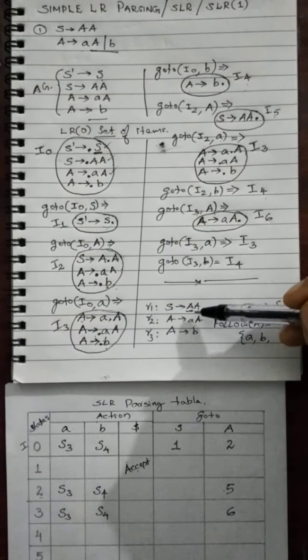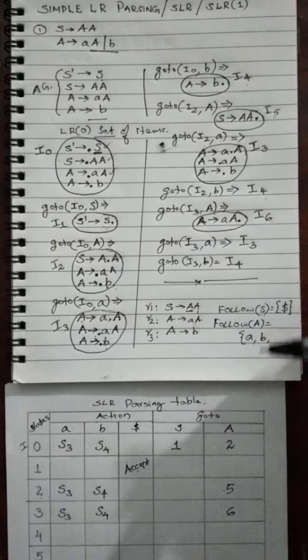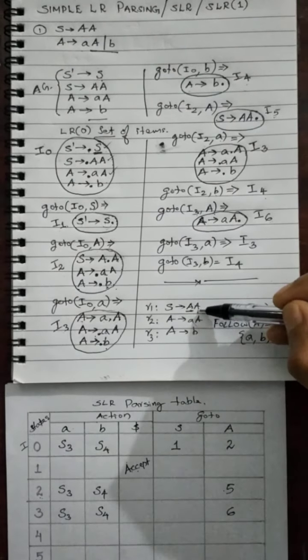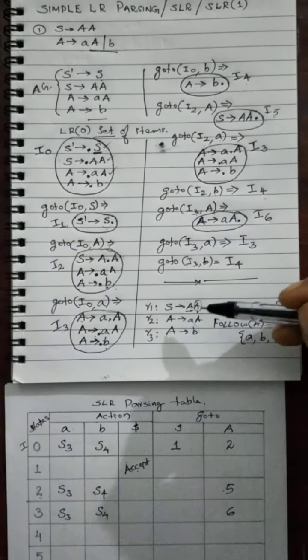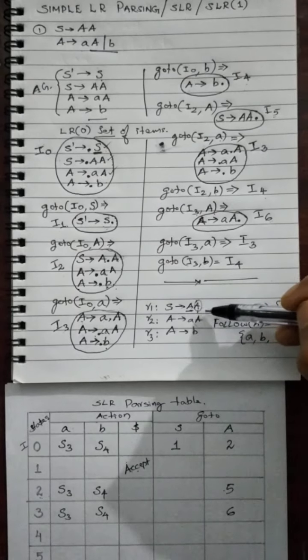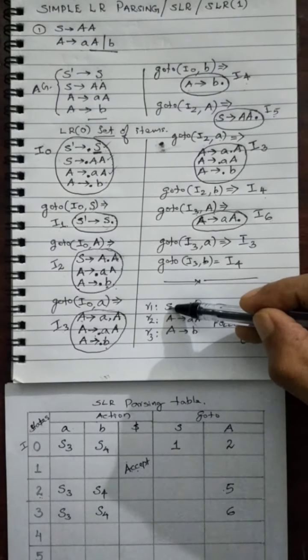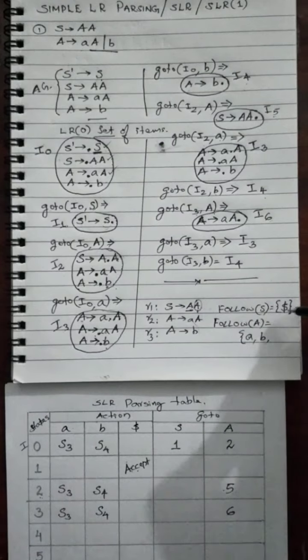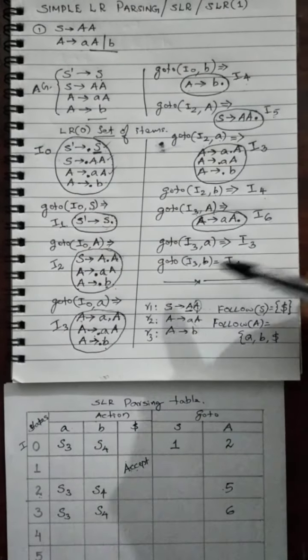Now if I consider this other A, there are no other symbols after this capital A. It means that follow of A is again follow of S. In follow of S we have dollar, so I should add dollar to this set.